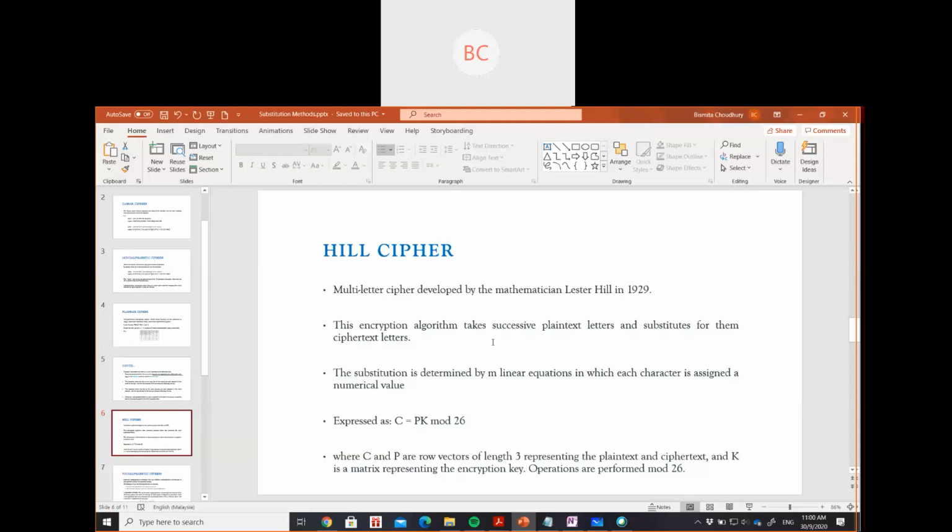And each of those equations will be characterized by assigning some numerical value. For example, you have the alphabet. These are also based on your alphabets. So alphabets means we have 26 letters. So you can give numbers to your alphabets. Like for A, 0. So the index will go from 0 to Z, right? 0 to 25, or 26 letters. Okay.